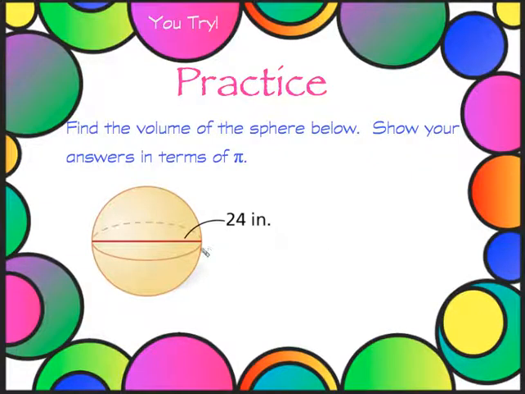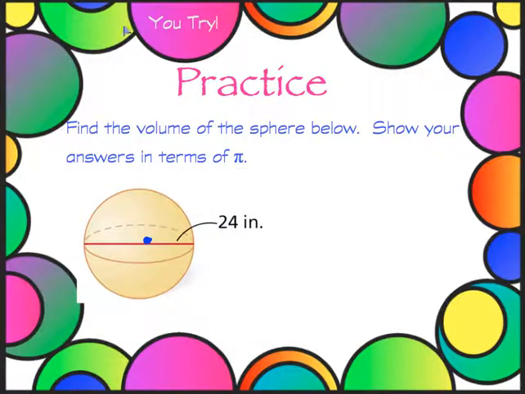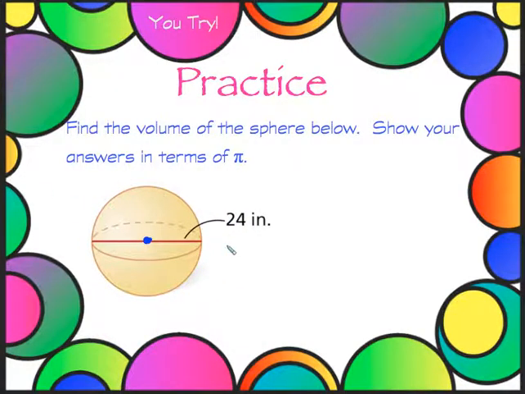Alright, so now this is a U-try. Don't forget, though, that this is the diameter, this 24. Ooh, sorry. So the radius is actually 12. So you can pause it and try this. I'm going to go ahead and work it out. Volume is 4/3 pi r cubed.